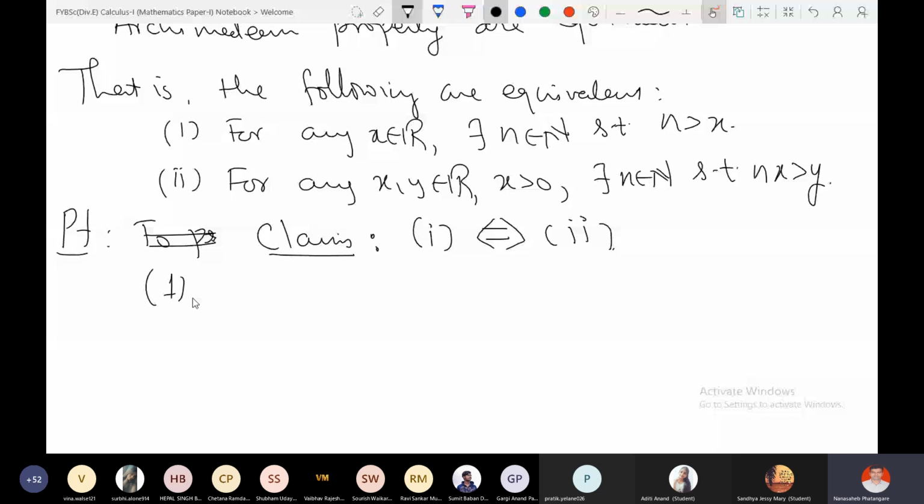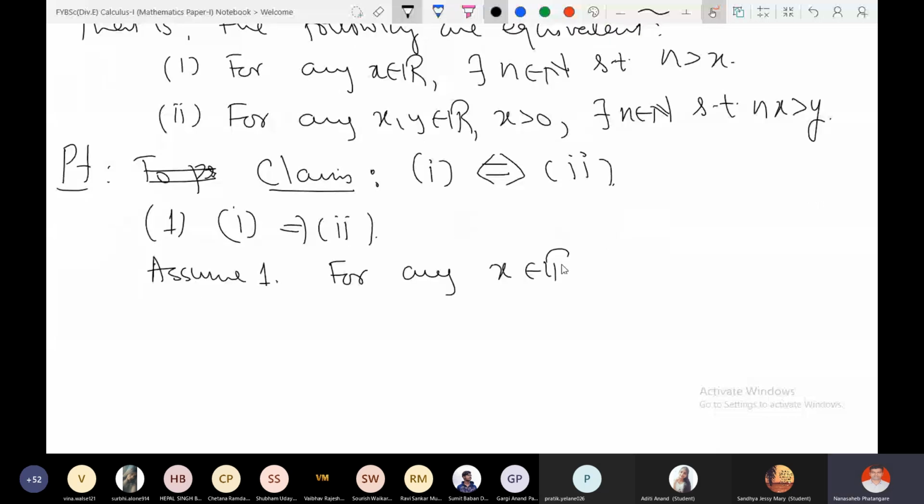So one implies two means what? Assume one. So for any x belongs to R, there exists a natural number n such that n is greater than x. This is our assumption. So what is our claim now? The claim is 2.